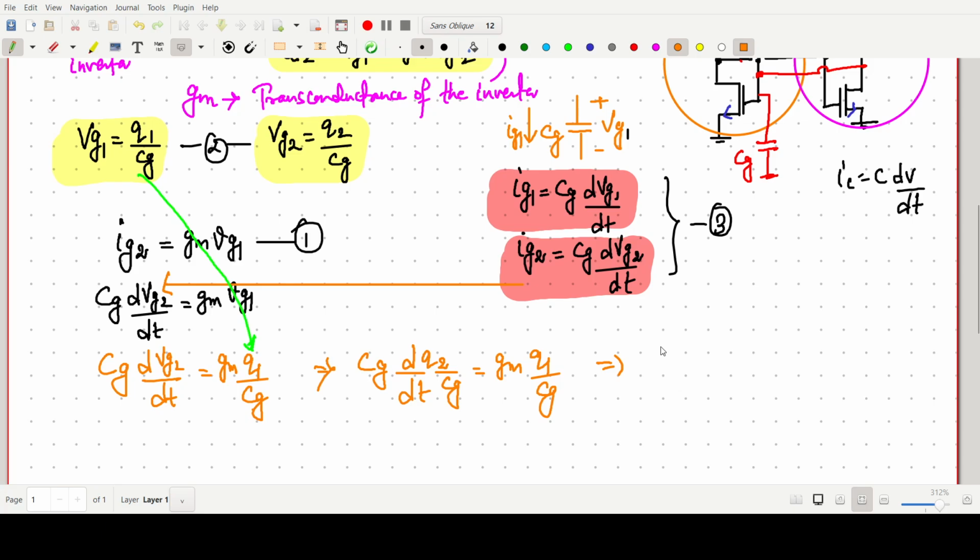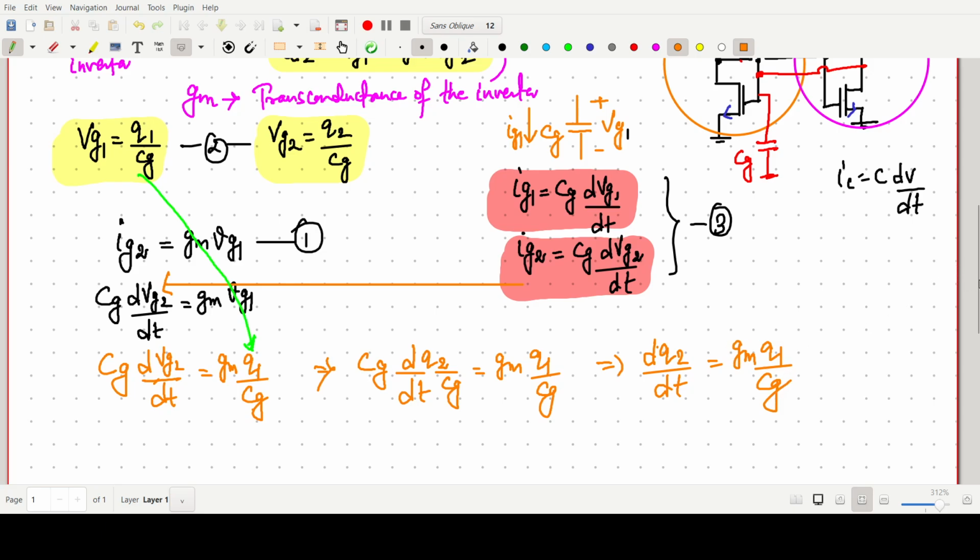So one can write dQ2 by dt equals Gm times Q1 by Cg. Means here we have written Cg dVg2 by dt equals Gm Vg1, where Vg1 is Q1 by Cg, and Vg2 is Q2 by Cg.